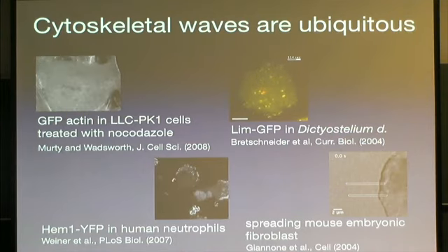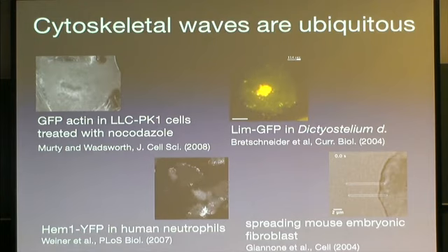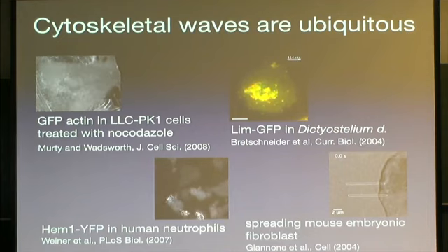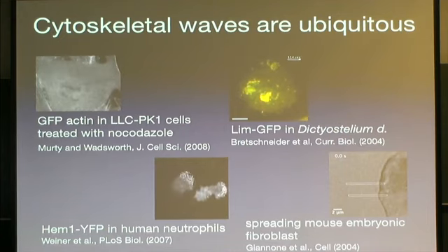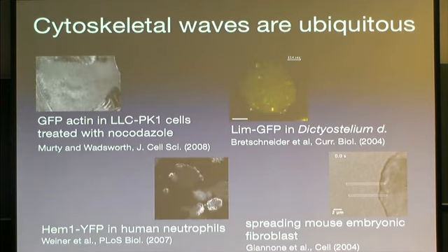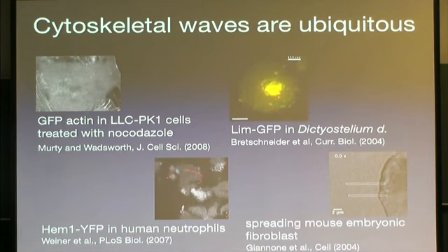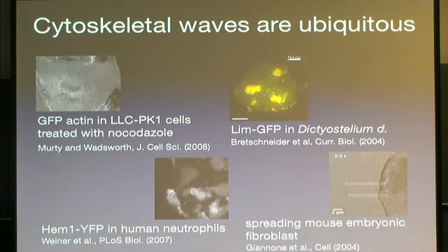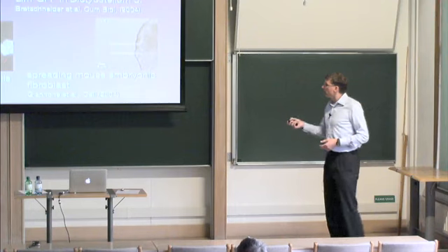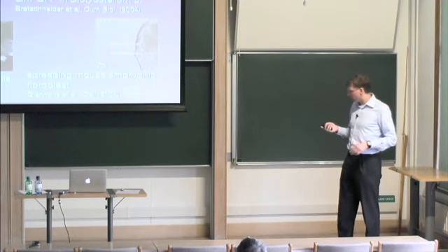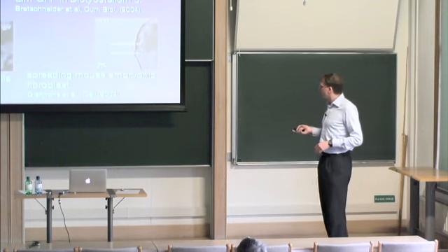So currently, while you're sitting here, there are some cells doing this in your body, right? Here it's not the actin itself that is labeled, but a protein that is associated with actin which helps to generate new actin filaments. Again, details are not important here. But again, what you see are really wave structures appearing in the system. And I'm mentioning all these things for a reason that you will see on the next slide.